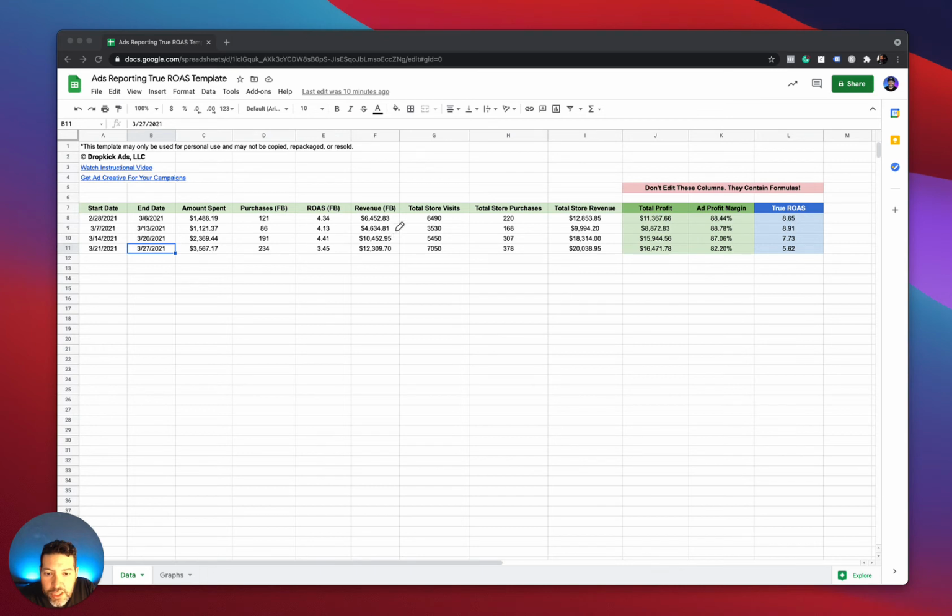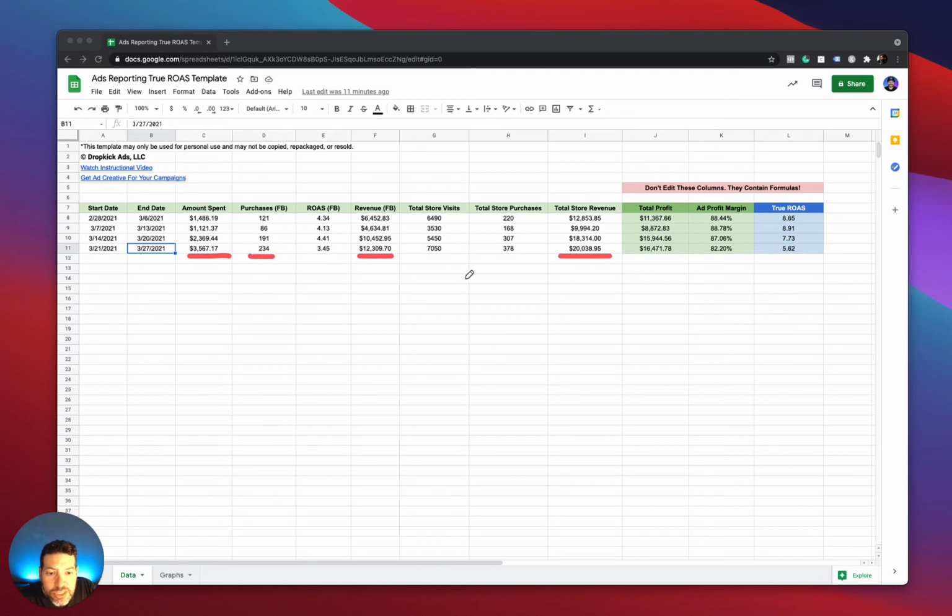You can see the revenue increase, right? And then you can also see the most important thing, the total store revenue increase. But what has remained roughly the same? The ad profit margin. So while we're increasing the amount spent, the revenue is going up. The total store revenue is going up.